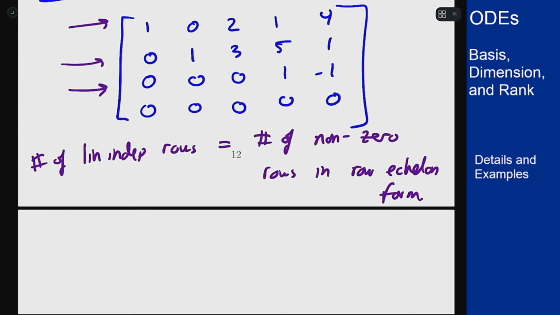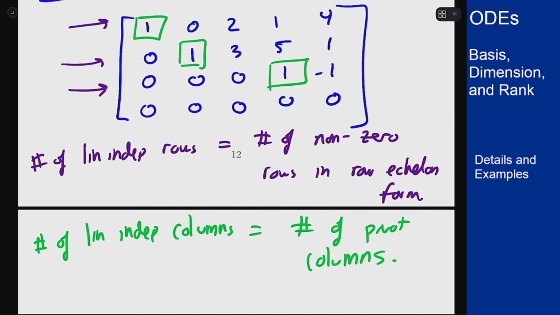Now, what do we know about each of these rows? Well, because we're in row echelon form, each of these non-zero rows must be headed by a pivot 1. So we have 3 pivot 1s here. But we're talking about using columns to find linear independence. We had exactly the fact that the number of pivot columns was the number of linearly independent columns.